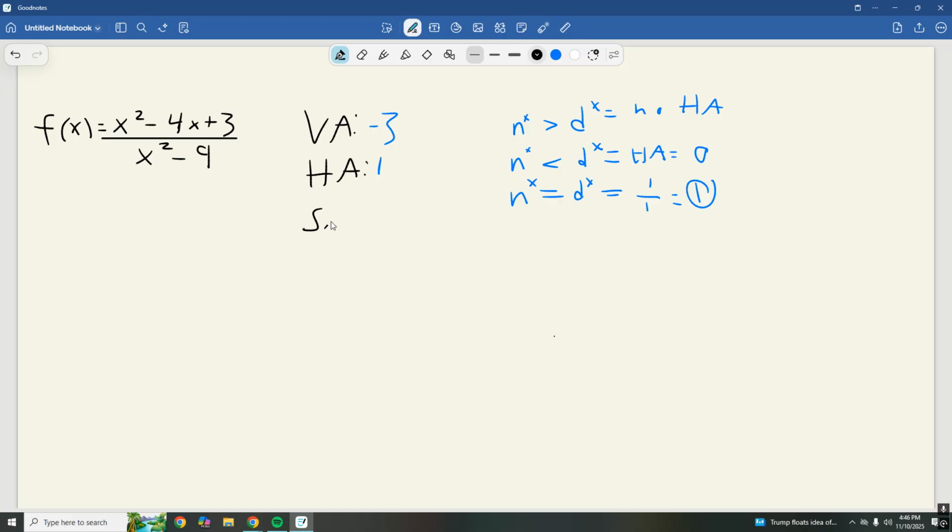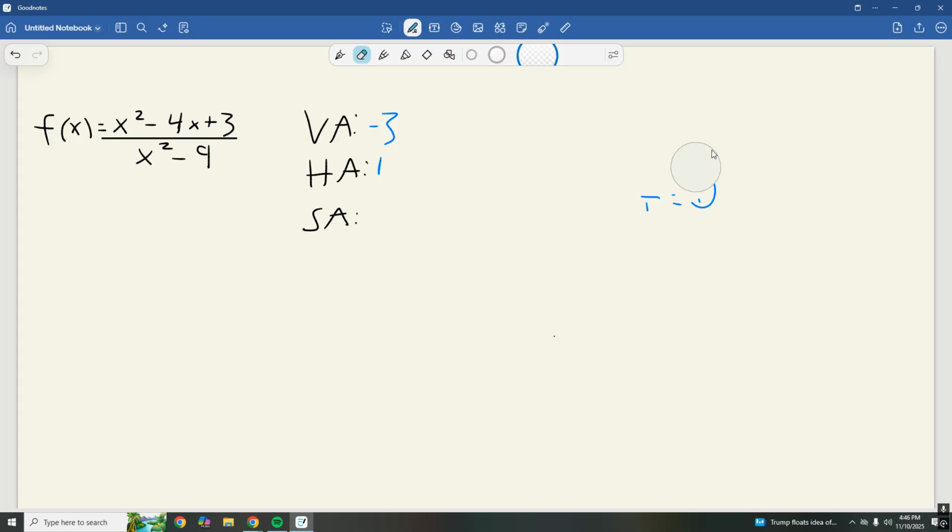Now with slant asymptotes, we have a similar set of rules. Well, not similar, but just to see if it exists or not. So a slant asymptote only exists in a situation when the numerator exponent is greater than the denominator exponent.